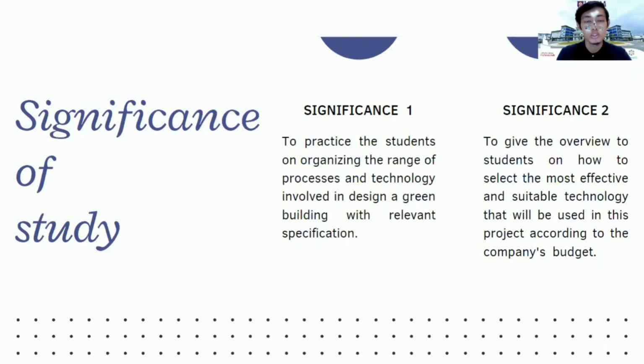Firstly, to train students in organizing the range of processes and technologies involved in designing a green building with relevant specifications. Next, to give students an overview of how to select the effective and suitable technologies to be used in this project according to the company.